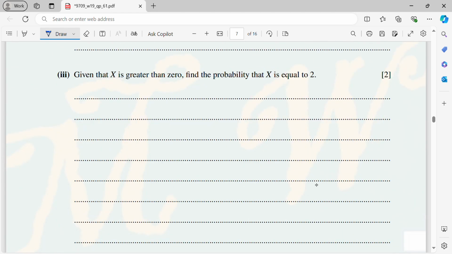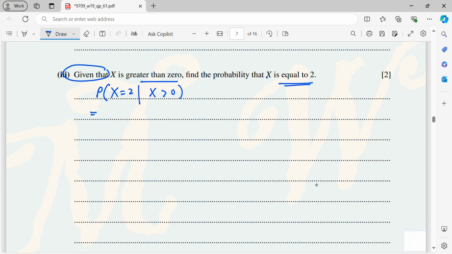Okay, part 3. Given that X is greater than 0, find the probability that X is equal to 2. Now, don't forget this, given that means conditional probability. So that means you are counting P(X equals 2, given that X is greater than 0).